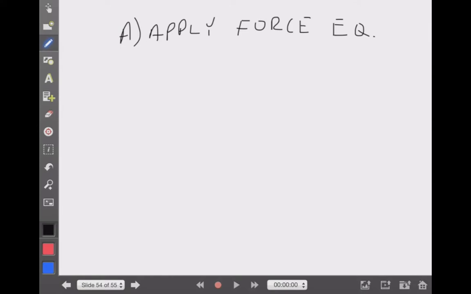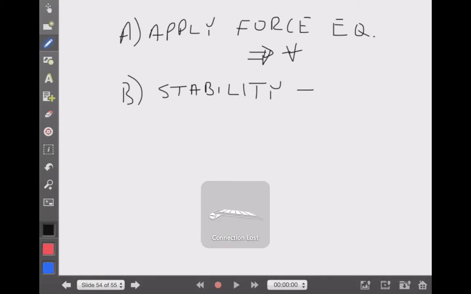We're going to use this to find the volume of the displaced fluid, which is very important for us. And then the second thing we're going to do is determine stability, by determining the metacentric height, GM.